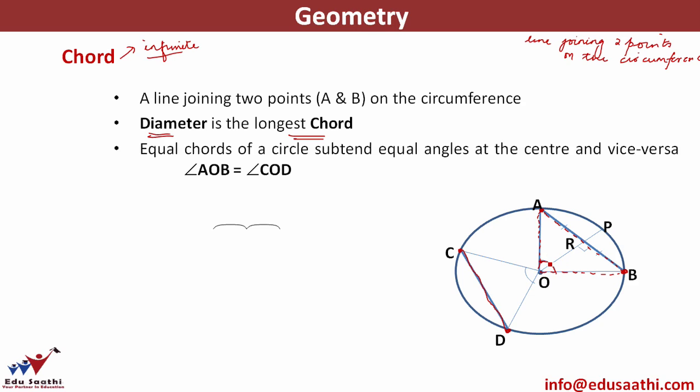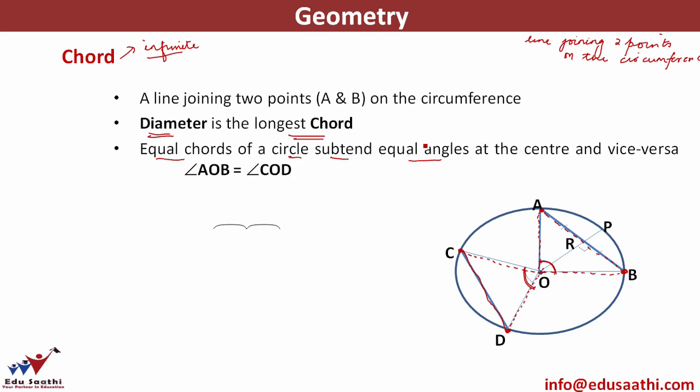This angle is the angle subtended by the chord at the center. Similarly, if I look at C and D, the endpoints of the other chord, and join them with the center, this angle COD is the angle subtended at the center. So angle subtended at the center by equal chords is equal.